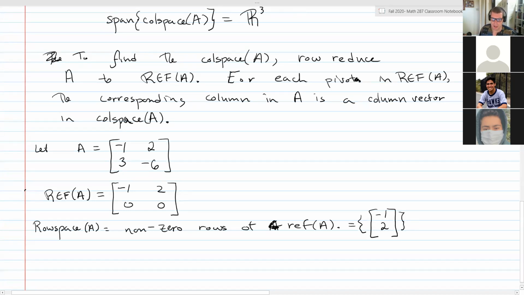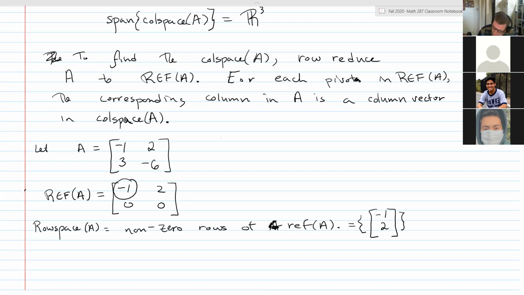Now, if we look in the row reduction, there's our pivot. Our pivot is in the first column, right? And in fact, it turns out, if you interpret this, that the second vector, 2, -6, is linearly dependent on the first column. The two of them are scalar multiples of each other. So they're basically redundant vectors.